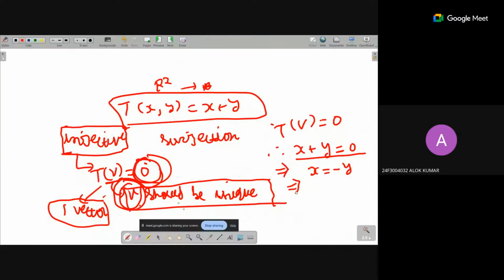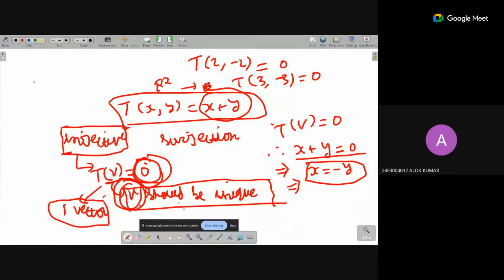If x plus y has to be 0, then x and y should have the same value but be negatives of each other. We can take 2 comma minus 2, which gives 0, 3 comma minus 3, which also gives 0. Basically, we are getting a bunch of vectors, a line: x is equal to minus y.